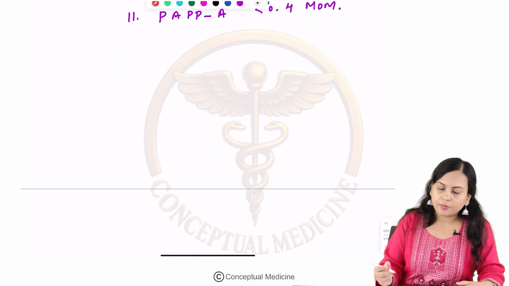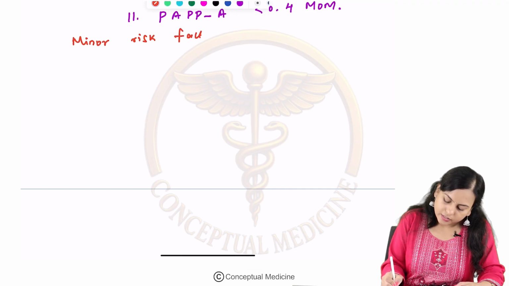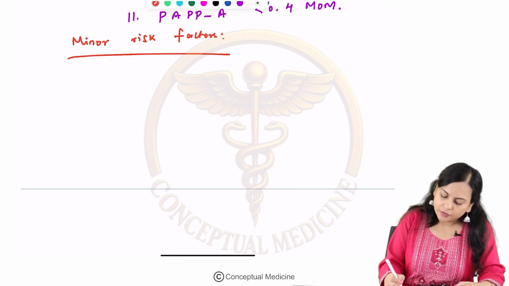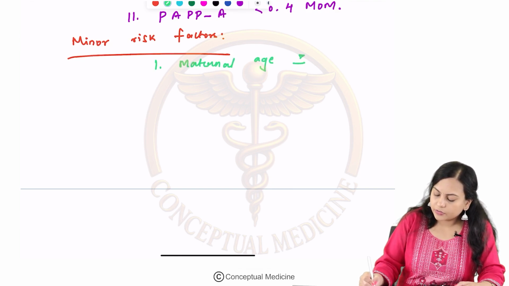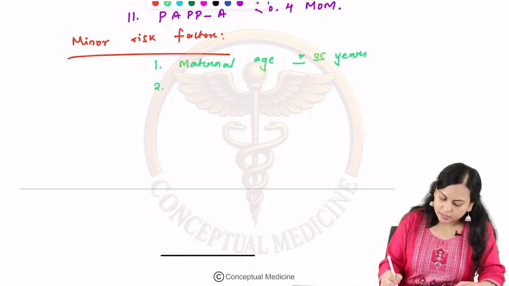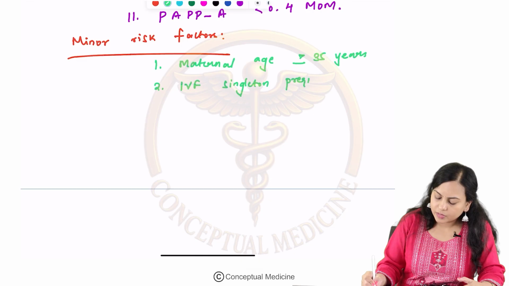Now, we will see some of the minor risk factors. So, minor risk factors include maternal age more than or equal to 35 years. Then there is IVF singleton pregnancy.